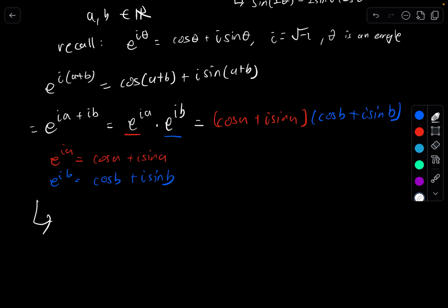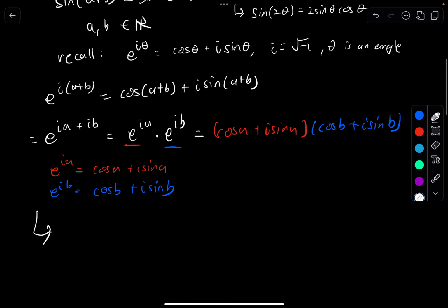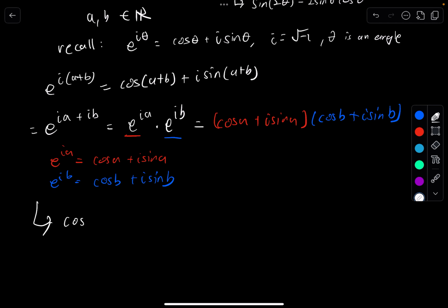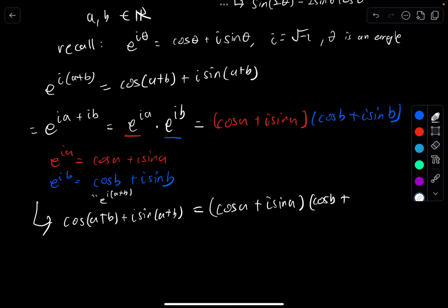Now let's take this even further. So we just said that cosine of (A plus B) plus i sine of (A plus B) is really equal, because this is really e to the i(A plus B), to cosine A plus i sine A times cosine B plus i sine B. And this is really just e to the iA times e to the iB.